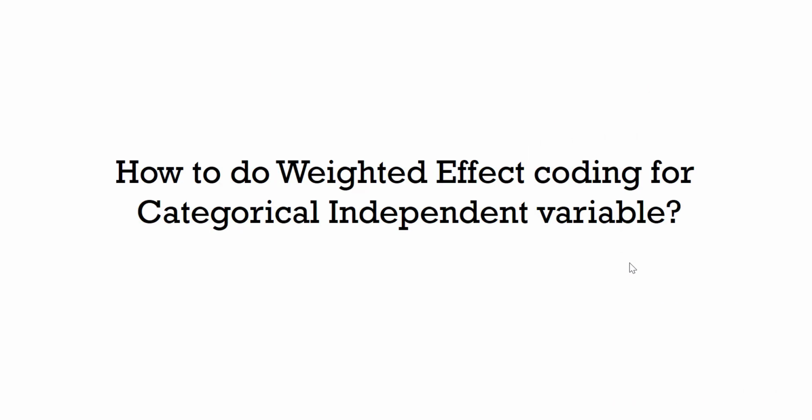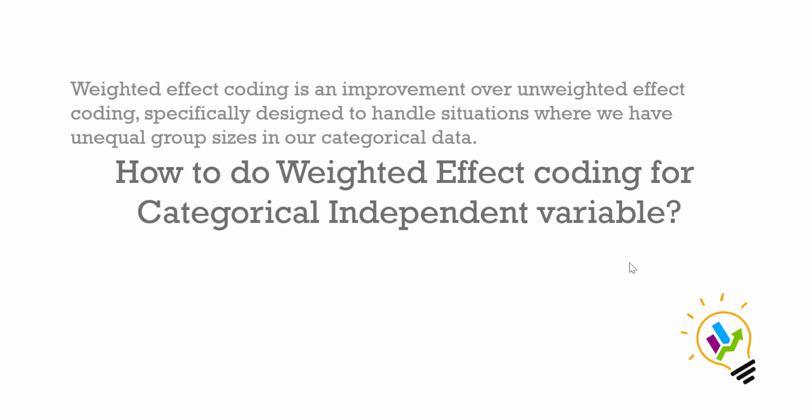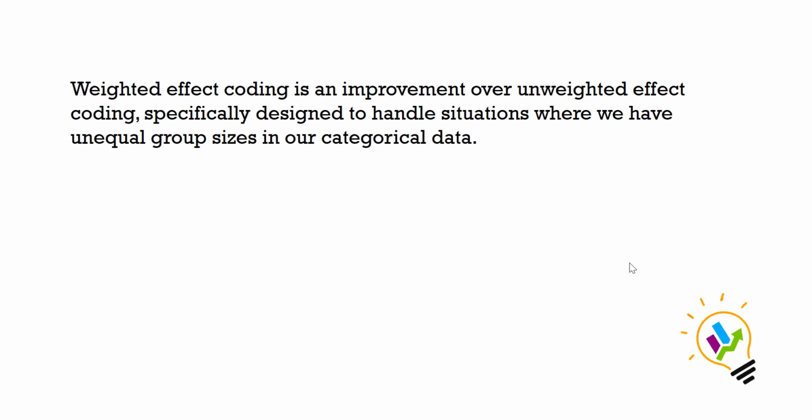How to do weighted effect coding for categorical independent variables. Weighted effect coding is an improvement over unweighted effect coding, specifically designed to handle situations where we have unequal group size in our categorical data.